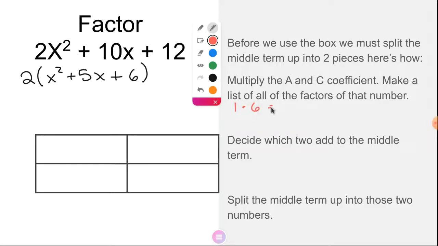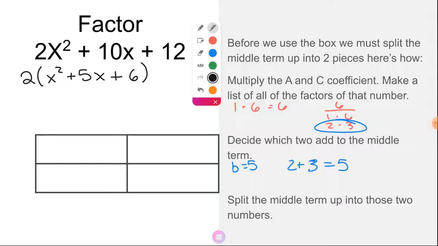So 1 times 6 is 6. All of the factors would be 1 times 6, 2 times 3. And we're looking for the combination that gives us our b value. B is 5. So we're looking at 2 plus 3 is 5.